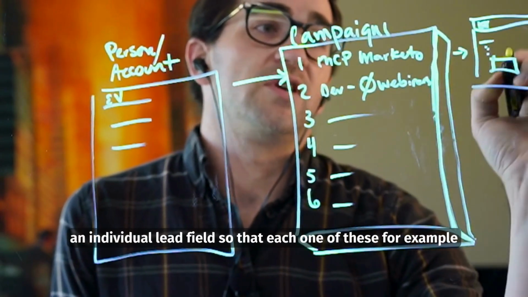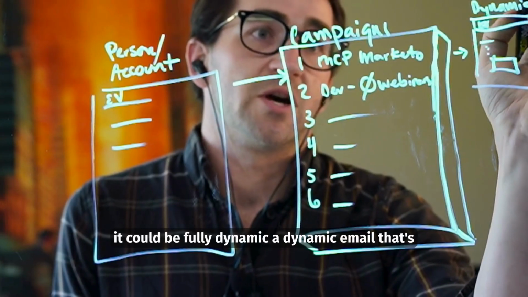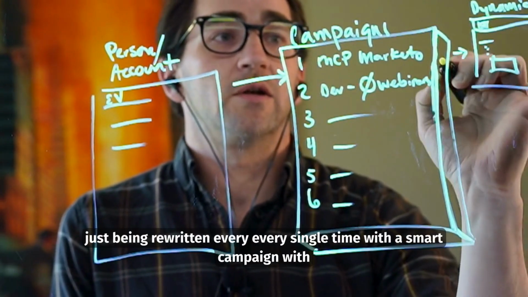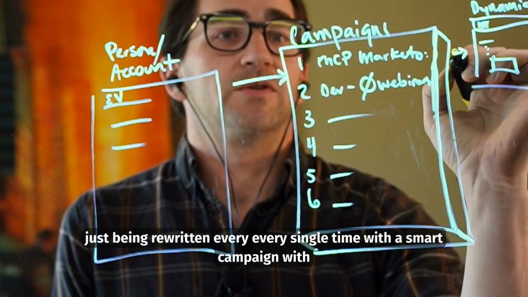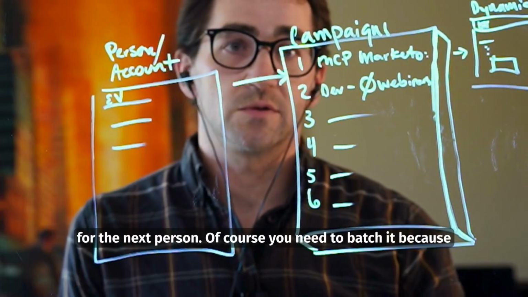So that each one of these, for example, could be a fully dynamic email that's just being rewritten every single time with a smart campaign, with a large language model coming up with what are going to be the recommendations for the next person.